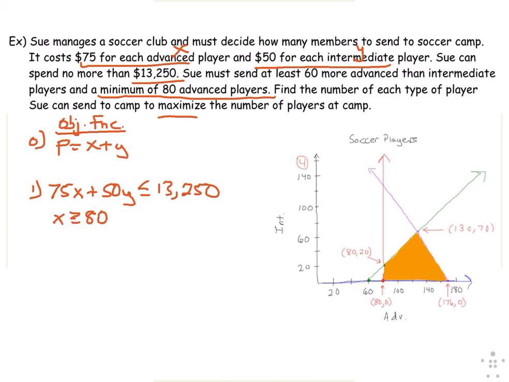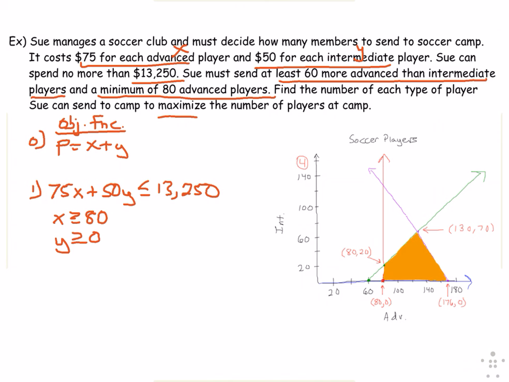It doesn't say a minimum about the intermediate players, so then I'm going to just make sure that's positive or 0. And this one is a little tricky. At least 60 more advanced than intermediate players. Well, let me throw a number out there.